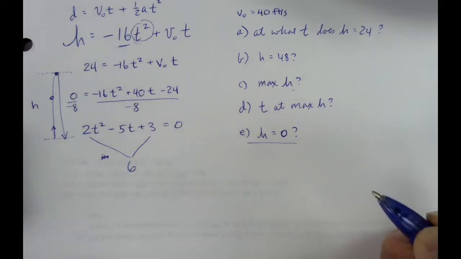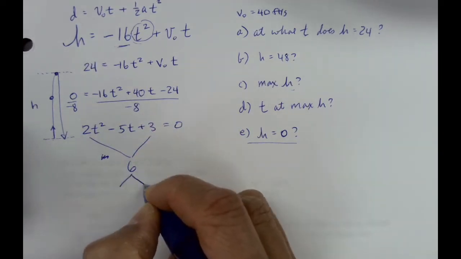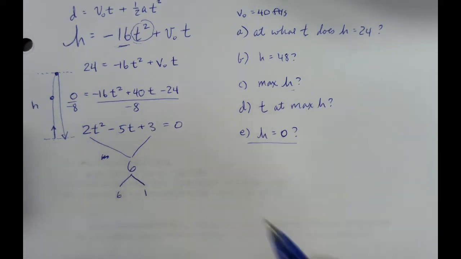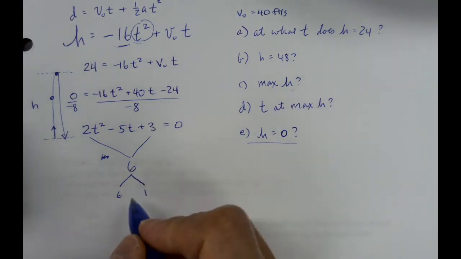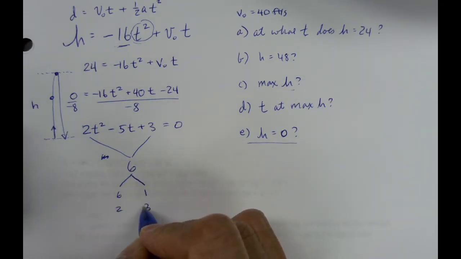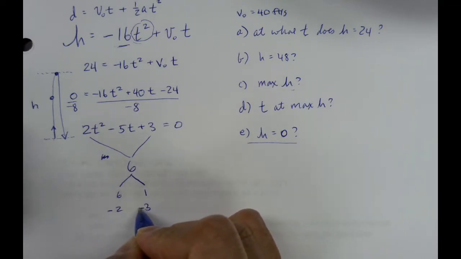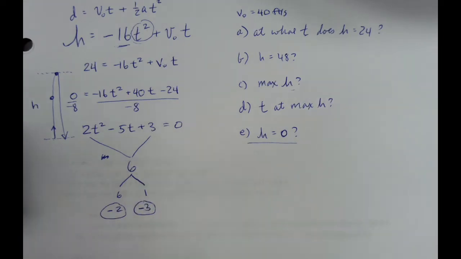So 2 times 3 is 6. And 6 we could split into 6 and 1, but they're going to be the same sign. So really we should do 2 and 3. They multiply to 6. Looks like we need -5. So these multiply to +6 and add up to -5.